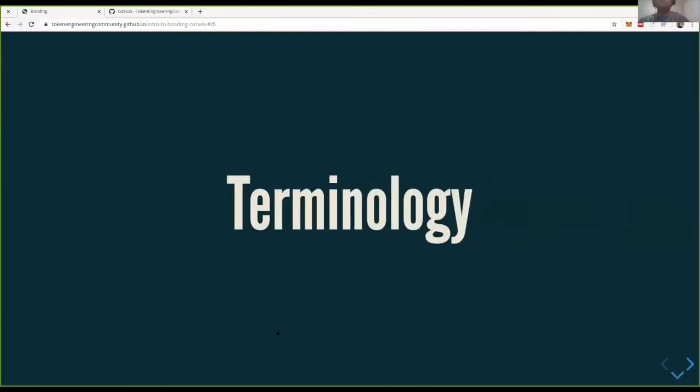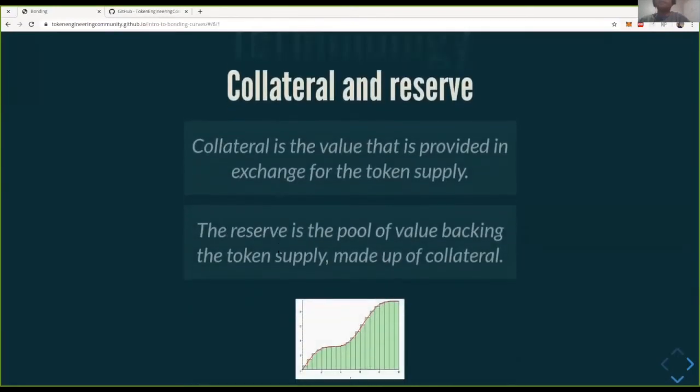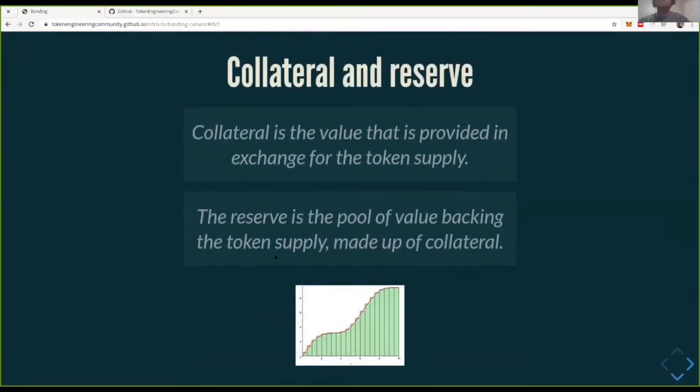Okay, some basic terminology or lingo. Some of these are concepts that are not only for bonding curves, but also token engineering. The idea of collateral and reserve. Collateral is the value that is provided in exchange for a supply of tokens. And the reserve is the pool of value backing the token supply. In this chart here, you can see a basic curve.